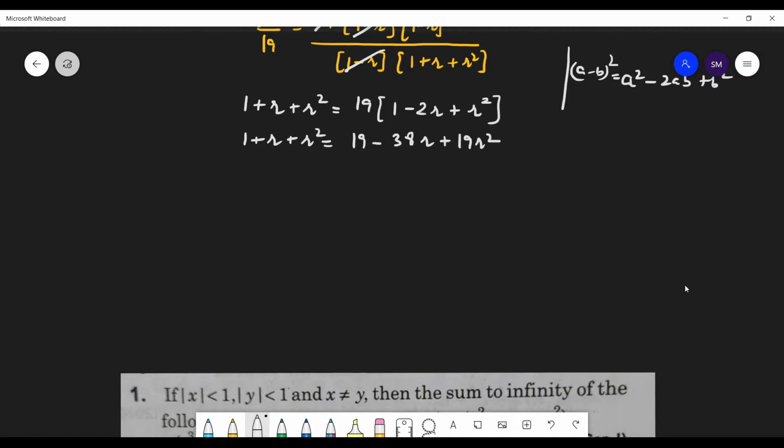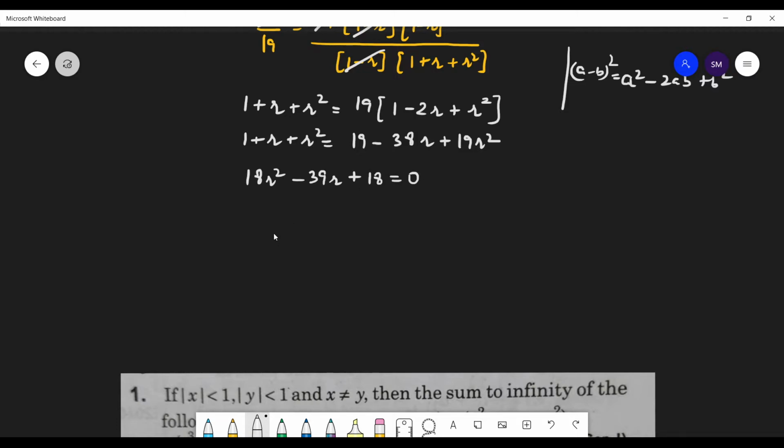So what do you get, students? Take these terms to this side. So 19r square minus r square, 18r square. This r will also be minus r, so it will be minus 39r. This one will again be subtracted from 19, so it will be 18 equals to 0.